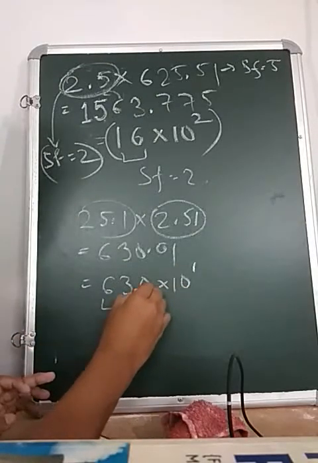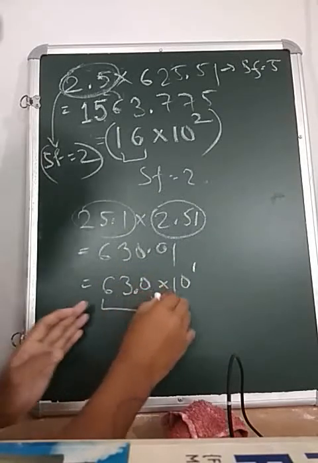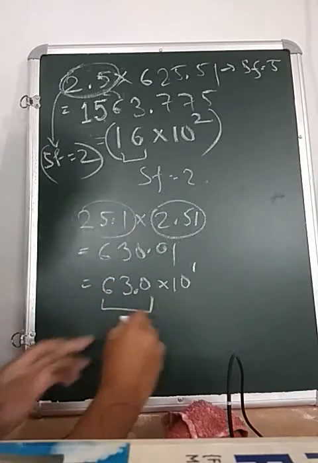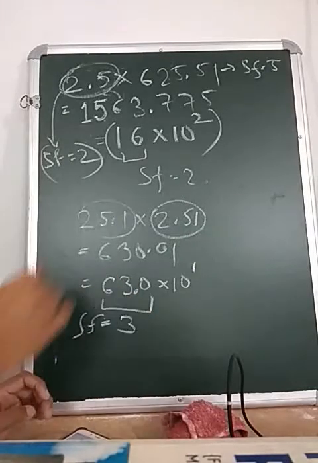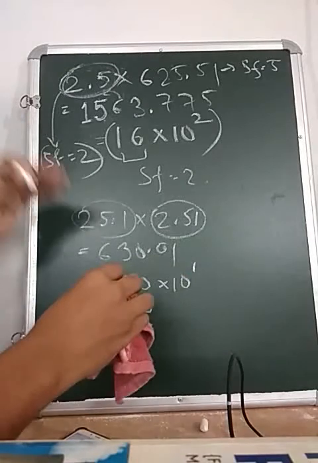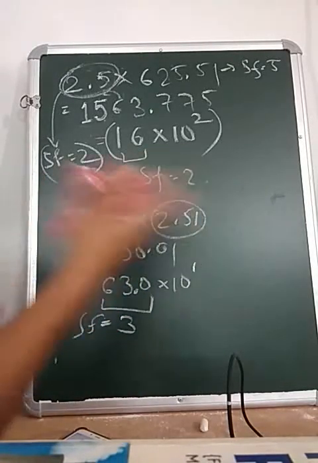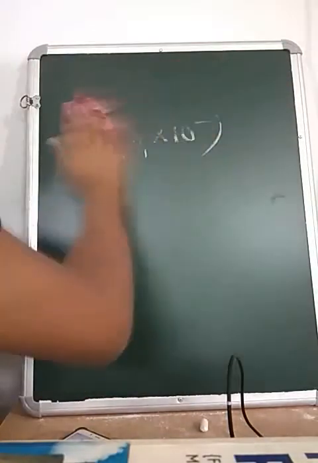See, after the decimal point, if there is an ending 0, then it is significant. So the significant figures in this will be 3. Okay, so this is how we make it significant. These are the rules we follow for multiplication when we deal with significant figures.